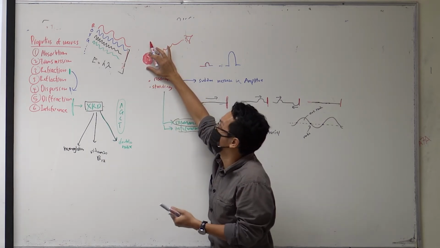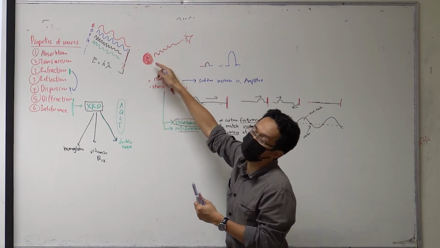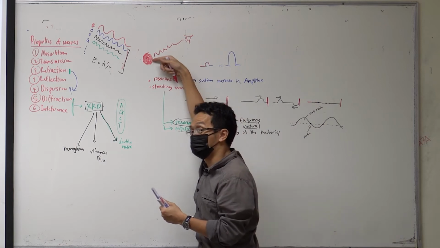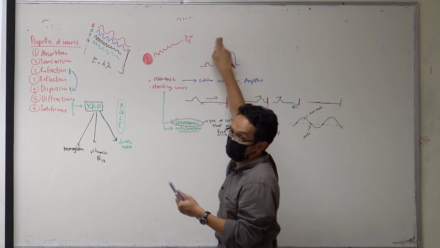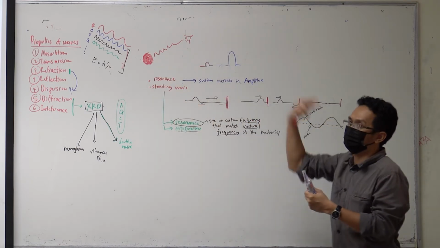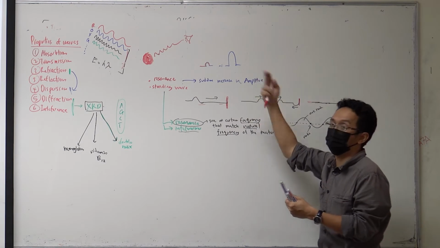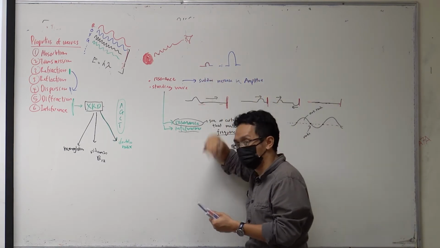When absorbed, it means the frequency matches the frequency of this pigment. So it's being absorbed. That's why it cannot be reflected. Being absorbed means the electron is excited to the next energy level. It's not really stable at the top, and then it goes down.